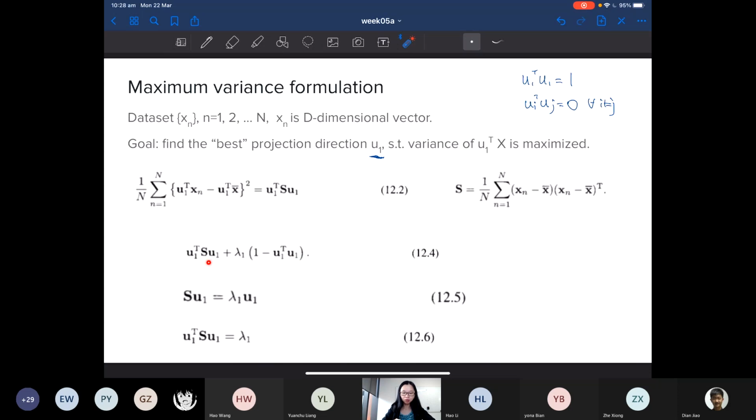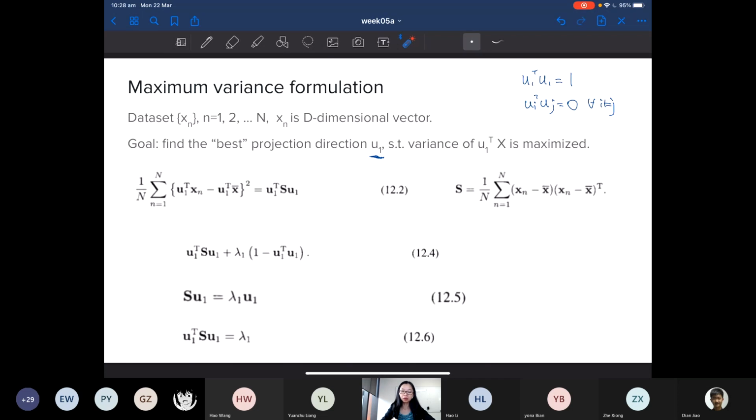For the quadratic term, it's just S u1. And for the term afterwards, lambda disappears and lambda u transpose u becomes lambda u. Right. So S u1 equals lambda u1 is a stationary point of equation 12.4.